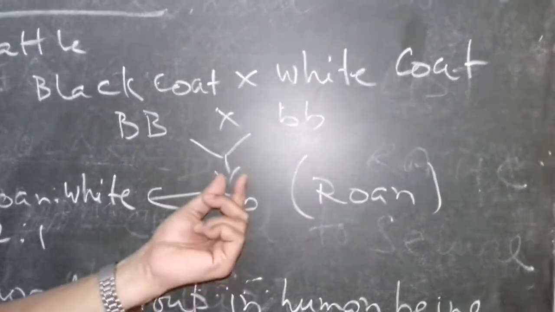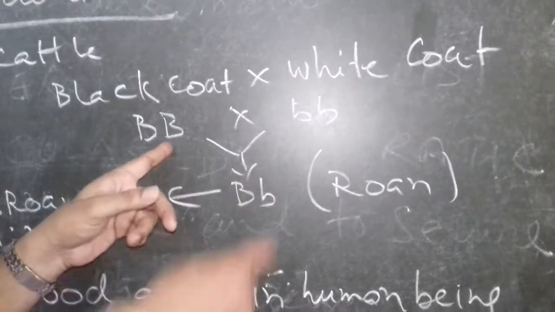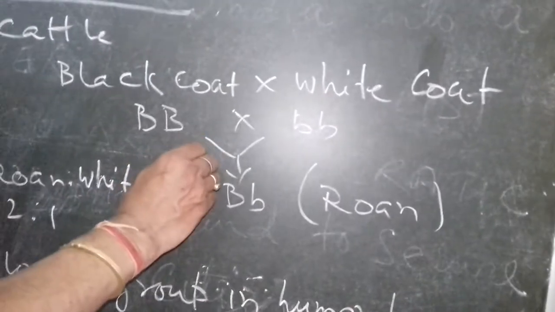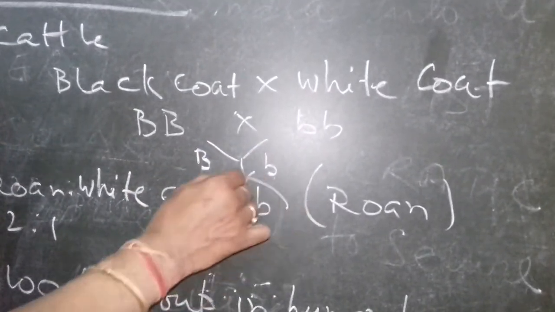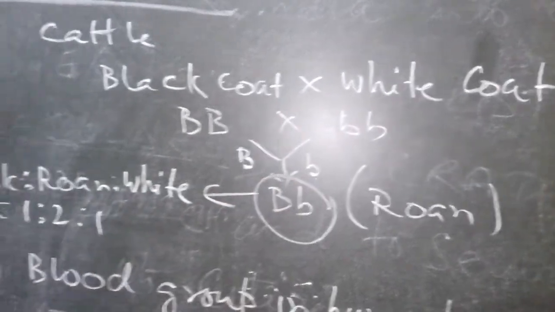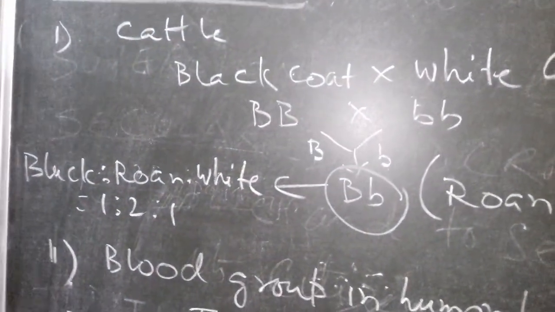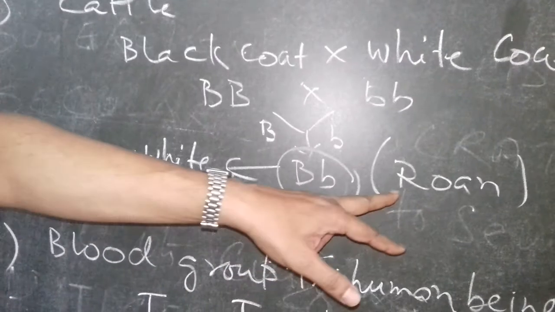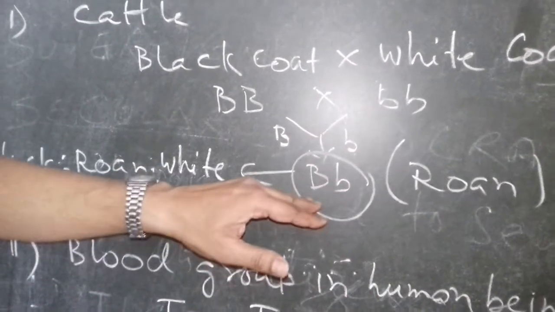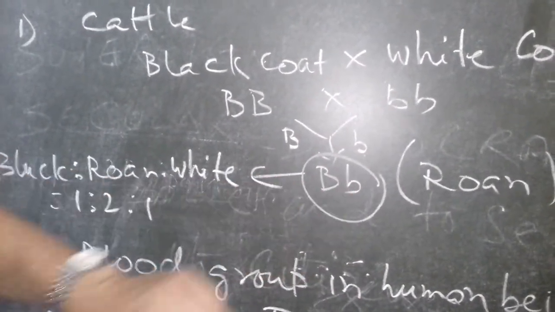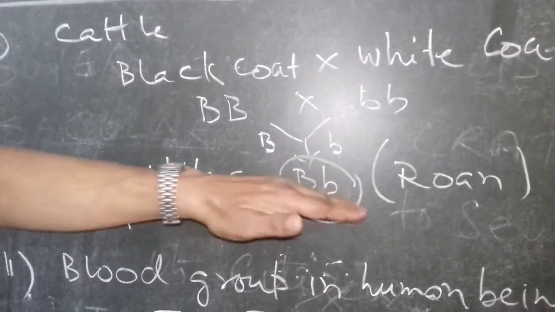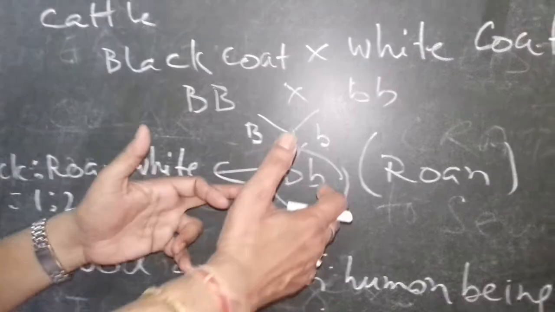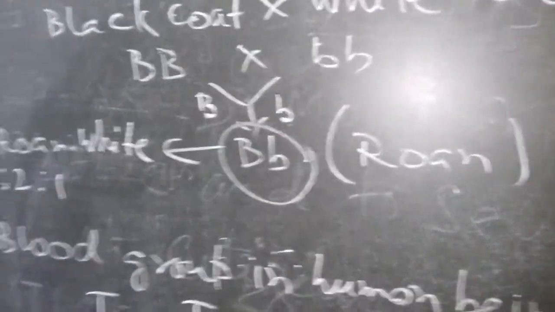Now when they together form the gametes, capital B comes from here, small b comes in the gamete. When they fertilize, it forms capital B small b, which is roan in color. That means it is expressed in both forms.